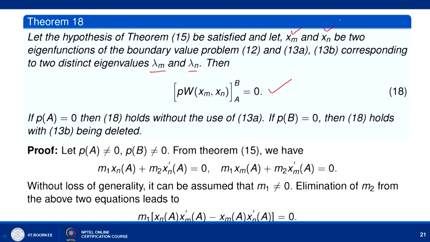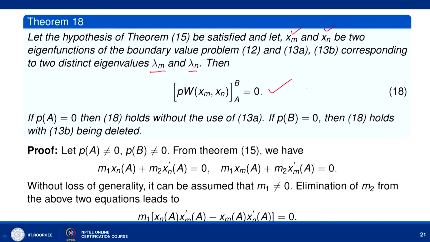Now we want to show that if we have the boundary conditions 13a and 13b, then this condition is automatically true. In addition, if p(a) is equal to 0, then this condition holds without use of 13a, and if p(b) is equal to 0, then this equation holds with 13b being deleted.